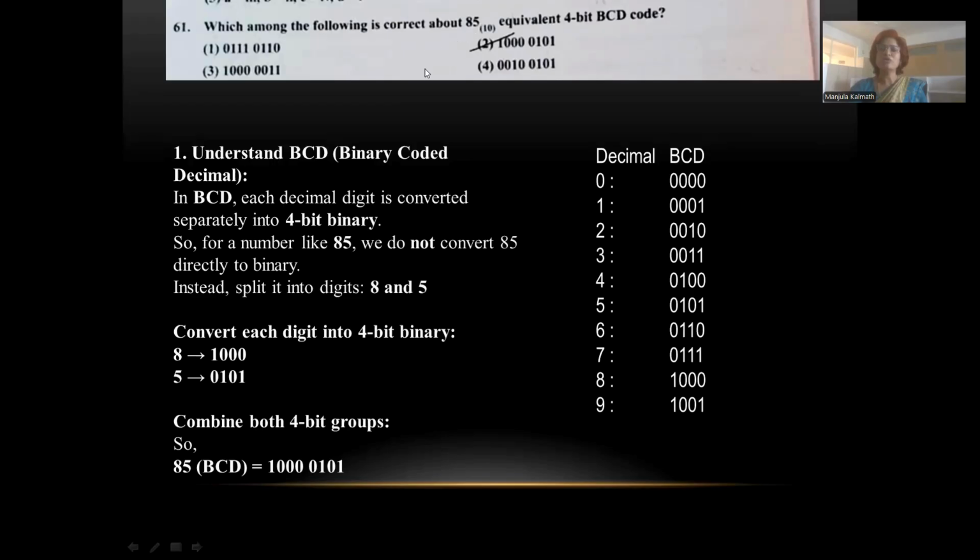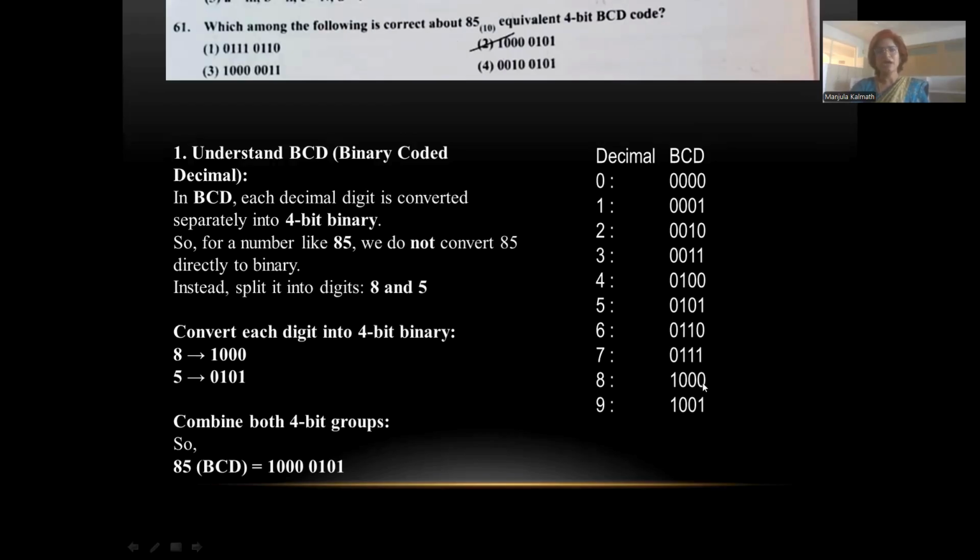Individually, we convert each value into binary, dividing by 2 and noting the remainder each time. When we convert 8 into binary, it will be 1000. Here there is a table of decimal equivalent BCD. Where is the 8? What is the combination of zeros and ones? 1 followed by 3 zeros.